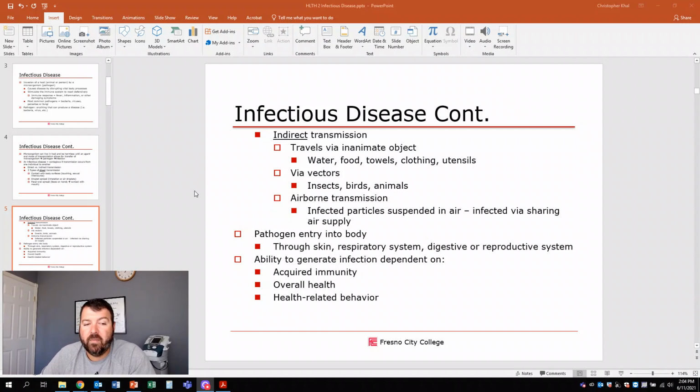The ability to generate infection depends on acquired immunity, which we'll talk about in a little bit, overall health, and health-related behaviors. Besides acquired immunity, overall health and health-related behaviors depend a lot on how you take care of your body. Do you get enough sleep? Is your diet good?